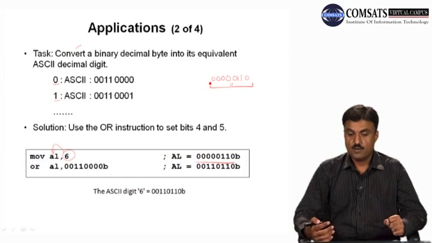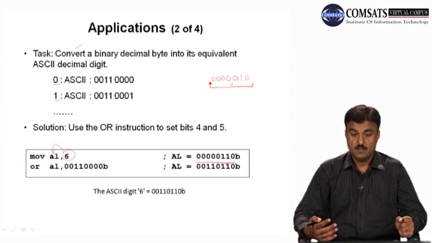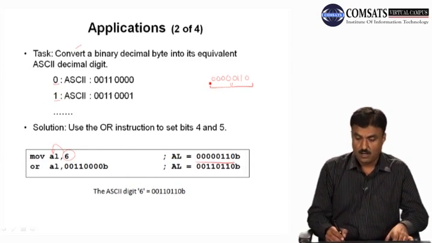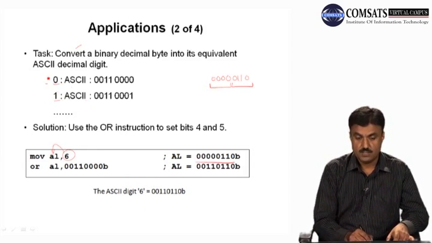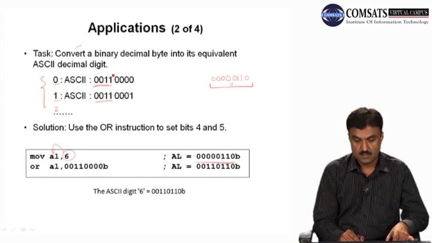Now we want to convert them to ASCII. You can see for ASCII conversion, for digits 0, 1, 2 and so on, the upper 4 bits are the same, 0 0 1 1, for all the digits.